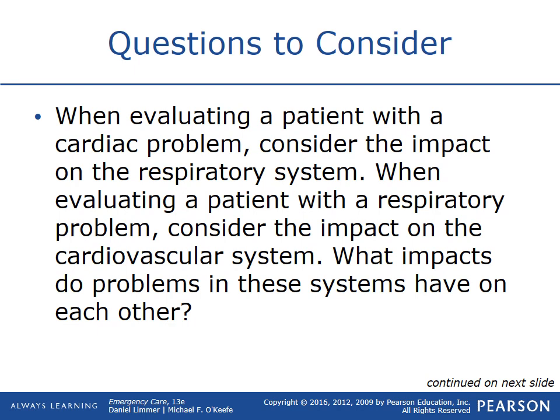What impacts do problems in these systems have on each other? If you're having problems breathing, it's going to affect the cardiovascular system, the heart's ability to circulate that blood around. The oxygen is not getting picked up, and it's not going to get transported to where it goes if it's not there.